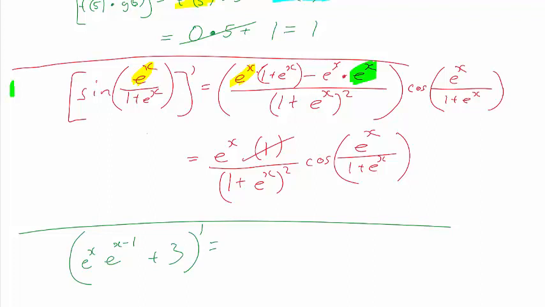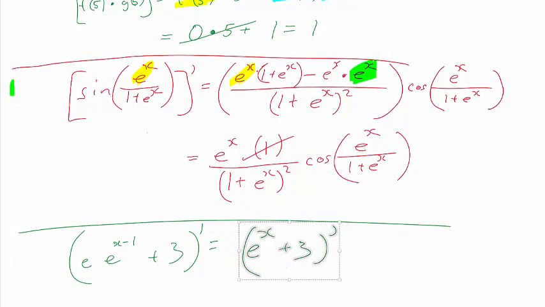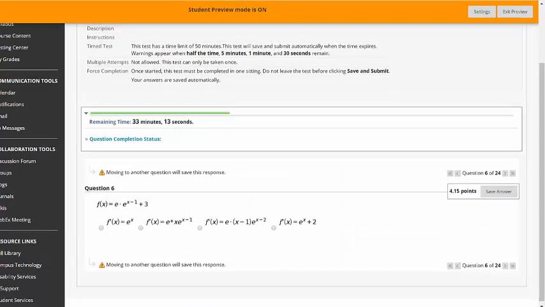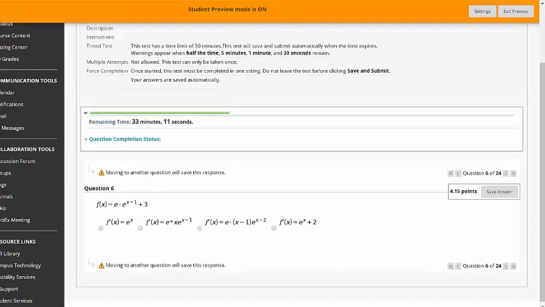Well, note that right here, when you multiply these through, you're just going to get e to the x. So you end up with e to the x plus 3, and we're taking the derivative of this. So the answer is simply e to the x. There we go. Save answer, move on.